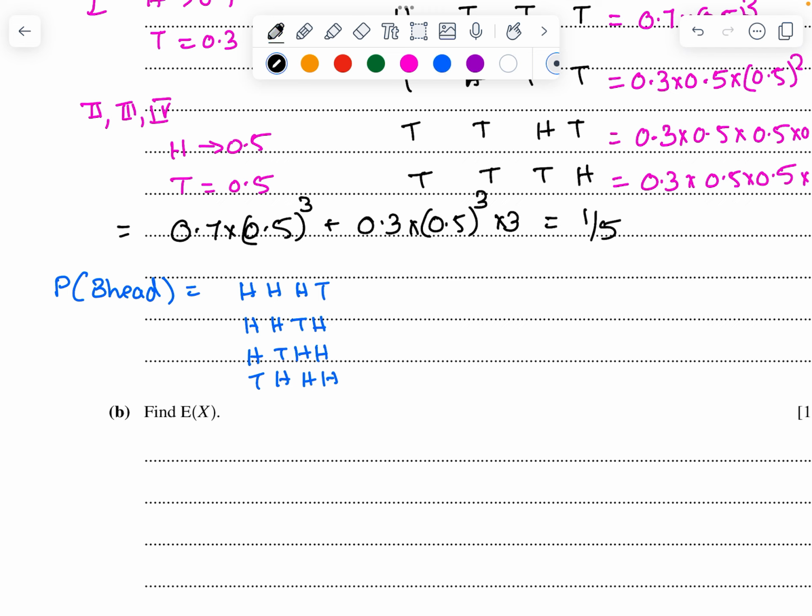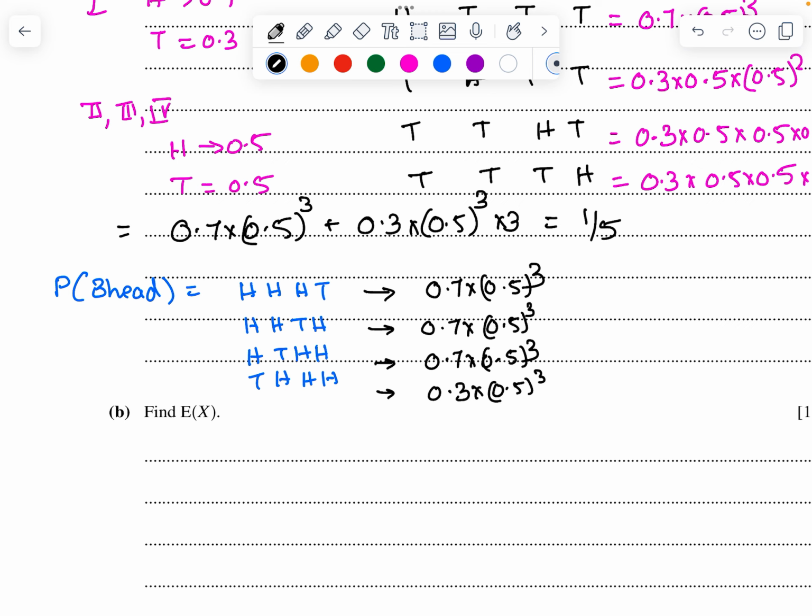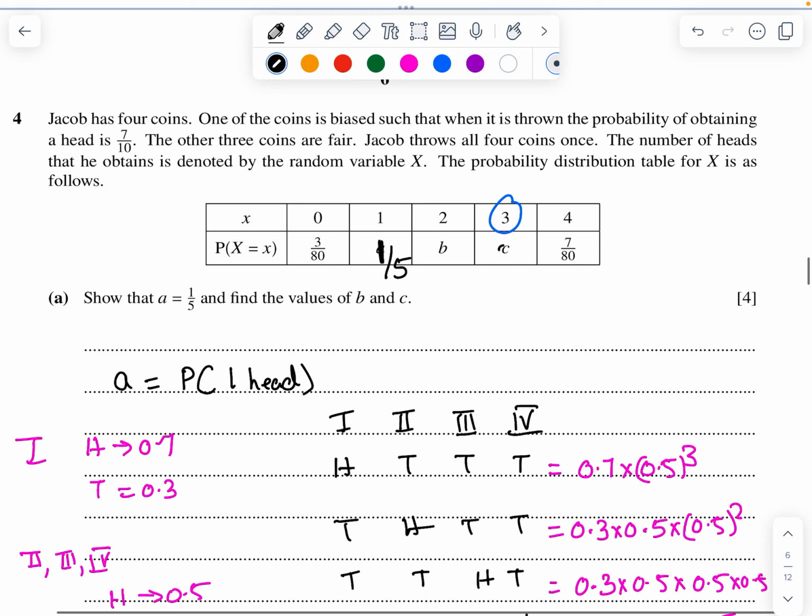For the first three, it's 0.7 times 0.5 whole to the power of 3 each, and for the last one it is 0.3 times 0.5 whole to the power of 3. When I add them all, I get 3 upon 10. So C value is 3 upon 10.